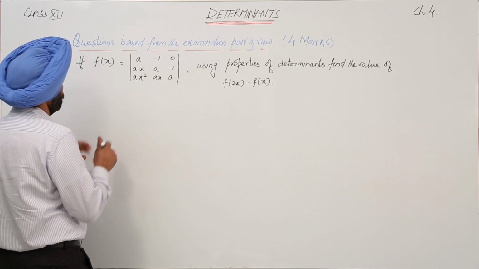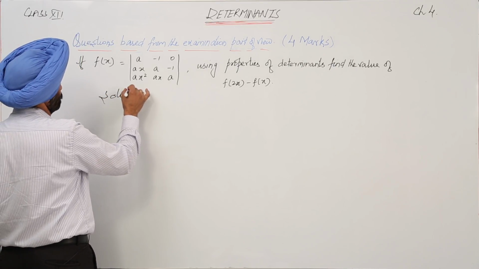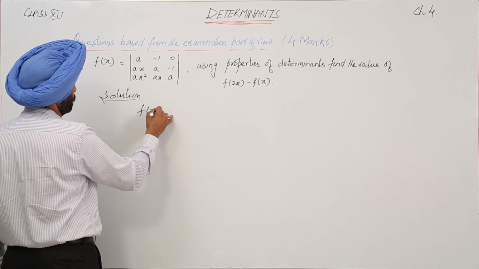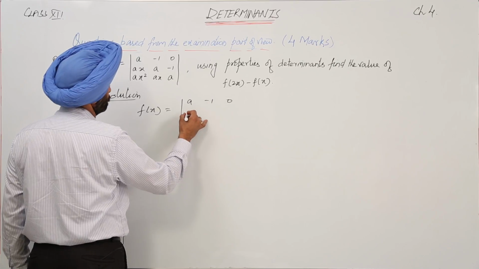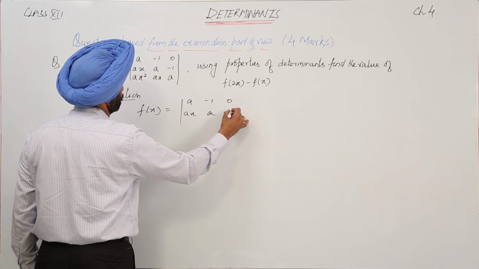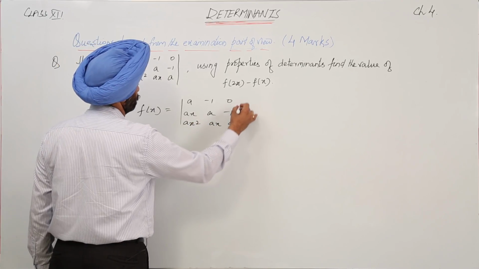Now we are having f(x) is equal to... now solution part is, f(x) is equal to the determinant with rows a, minus 1, 0; ax, a, minus 1; ax square, ax, and a.